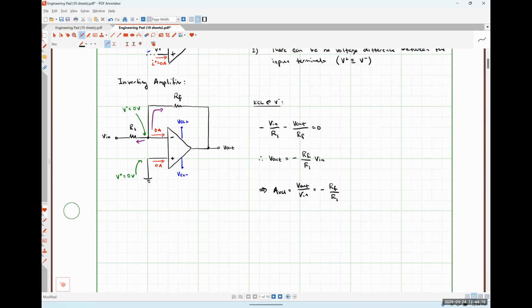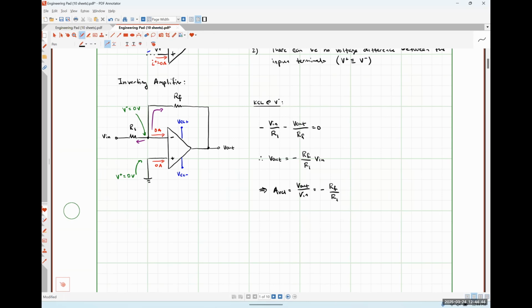So we have a lot of versatility here because we can make our output both larger than or smaller than our input signal in magnitude, but we are always going to get a signal of the opposite polarity. If we put a positive voltage signal in, we get a negative voltage signal out. If we put a negative voltage signal in, we get a positive voltage signal out. So essentially our input signal and our output signal will always be exactly 180 degrees out of phase. When one is rising, the other is decreasing and vice versa, okay?